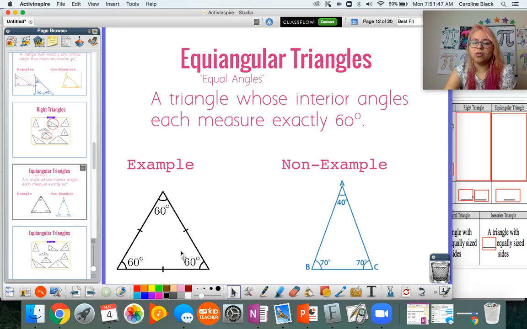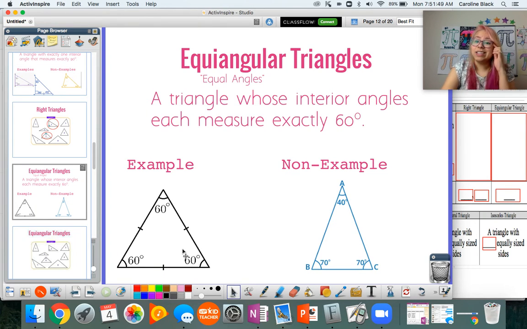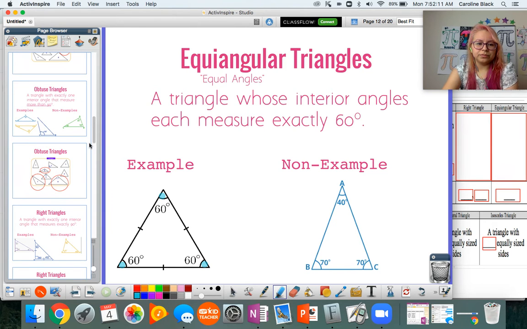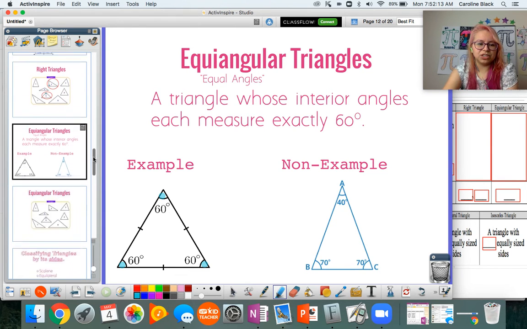This is an equiangular triangle. In order for all 3 of the angles to be the same, they have to measure 60 degrees. And that's because 60 plus 60 plus 60 equals 180. All triangles equal 180.